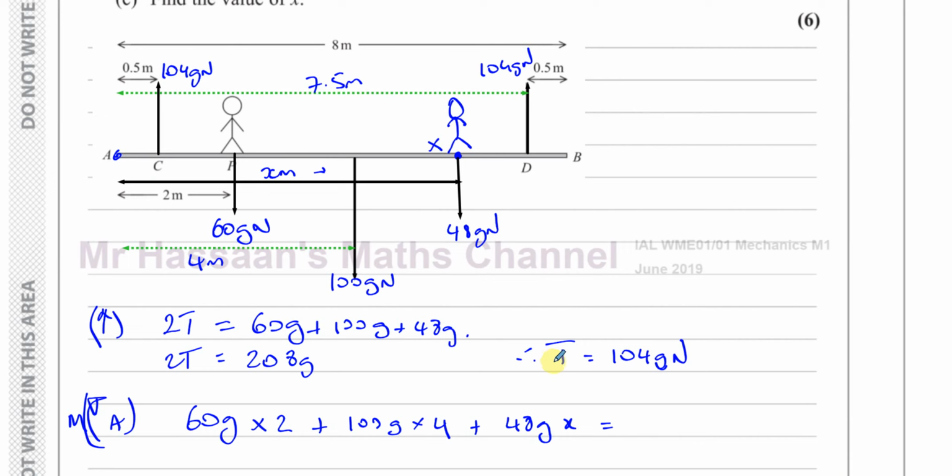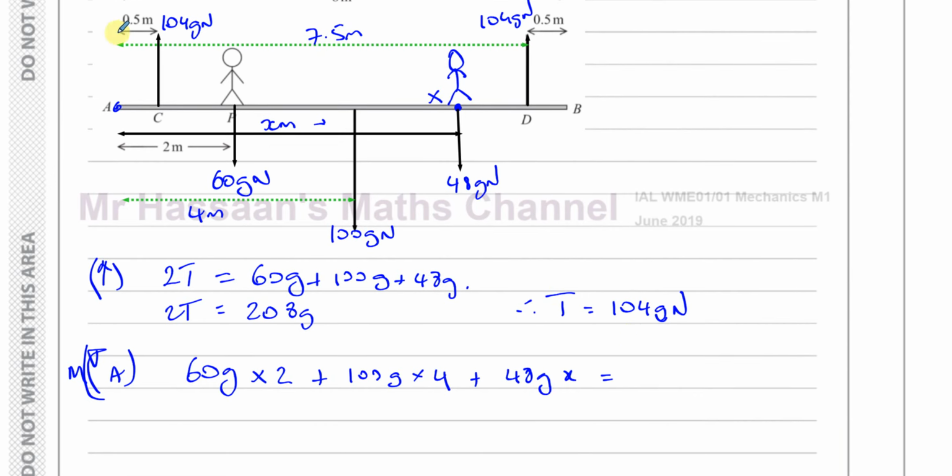And then the anti-clockwise moments about A are going to be the two tensions. So it's going to be 0.5 times 104g plus 7.5 times 104g. Those are the anti-clockwise moments, and they're equal to each other.